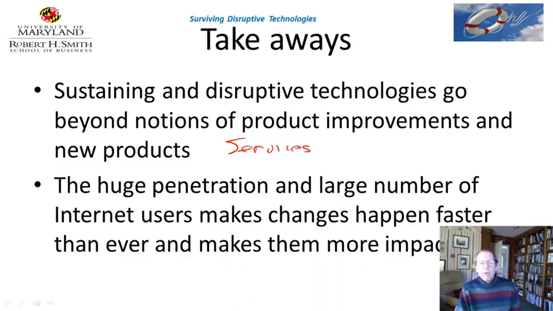This big penetration and large number of users make change happen fast, and it makes them more impactful than they have been in the past. So we don't have a verdict that the internet goes one way or the other. It is a phenomenon. It is a communications medium, an information source, many different ways to describe it. And because it is so rich, there are many different ways in which it can be used.